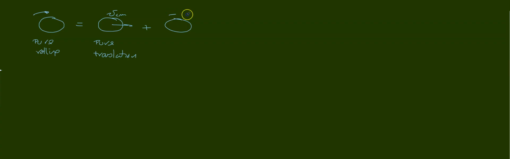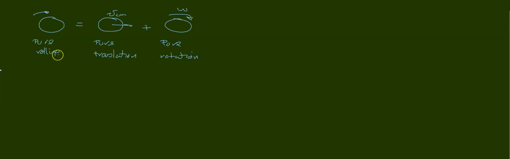What I'm going to say is that an object in pure rolling is the equivalent of having the same cylinder just moving to the right, pure translation, plus the object just rotating, pure rotation.